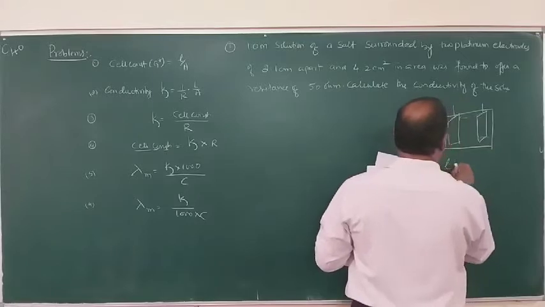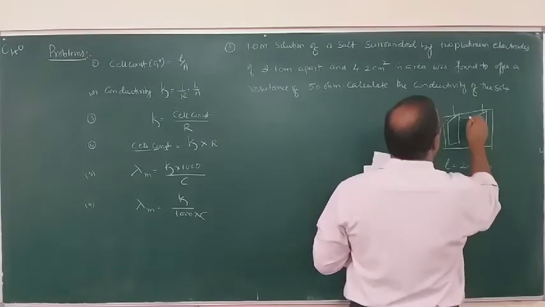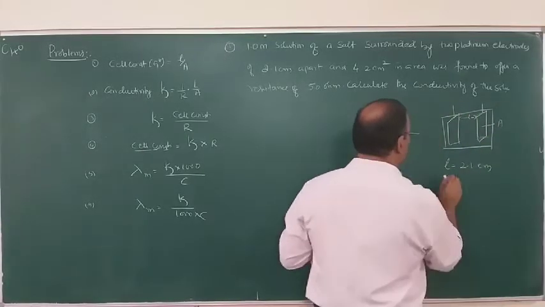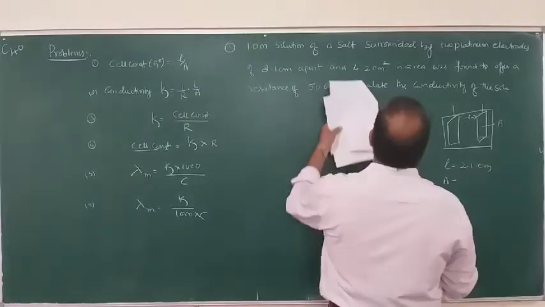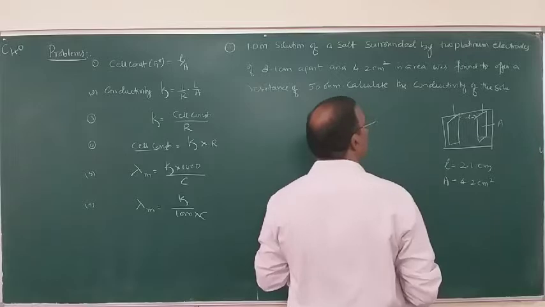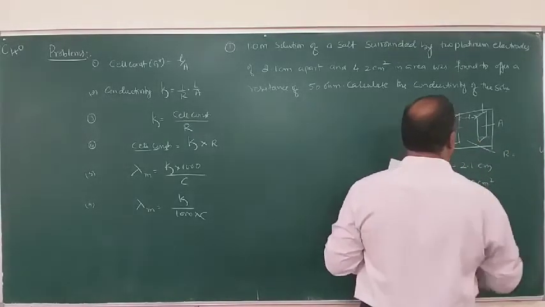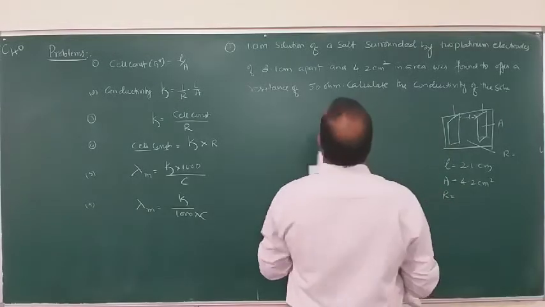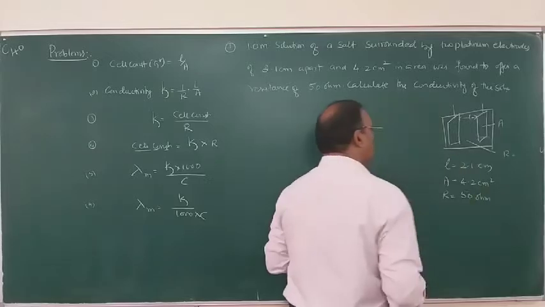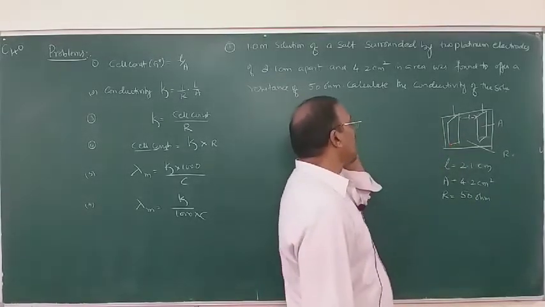So L equals 2.1 centimeter, and area of the electrodes A is equal to 4.2 centimeter square.